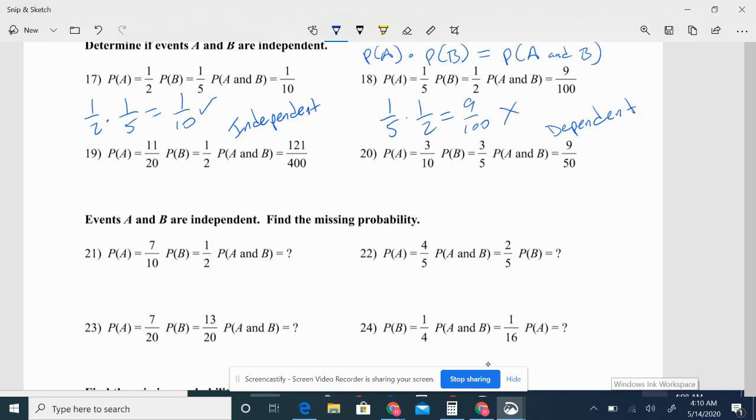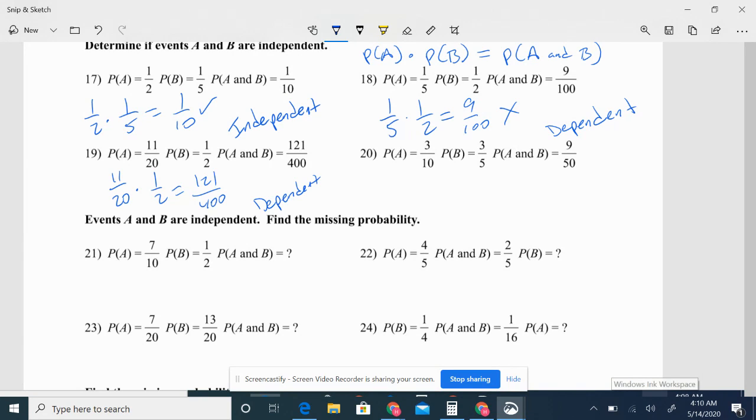I'm asking, is 11 over 20 times 1 over 2 equal to 121 over 400? No, that's not true. Therefore, the events are dependent.